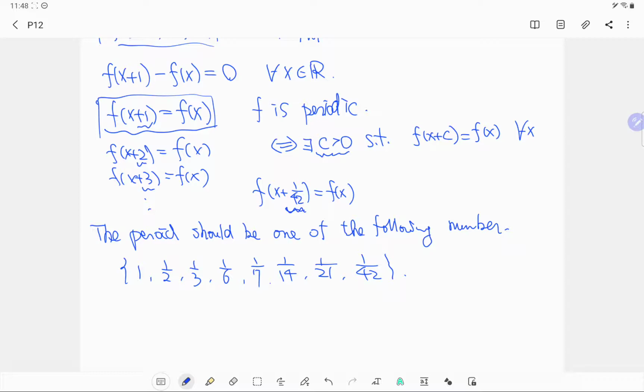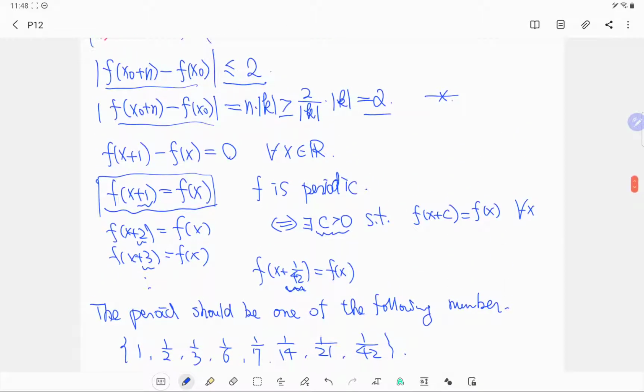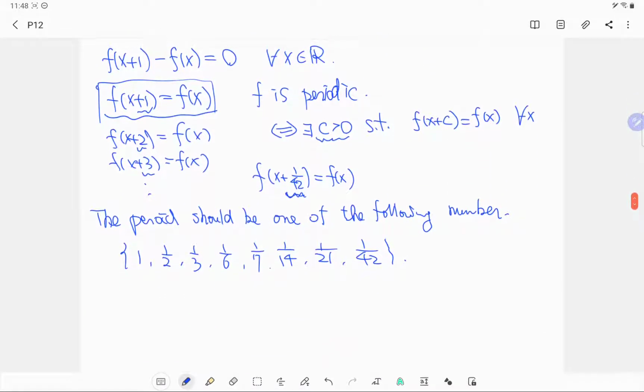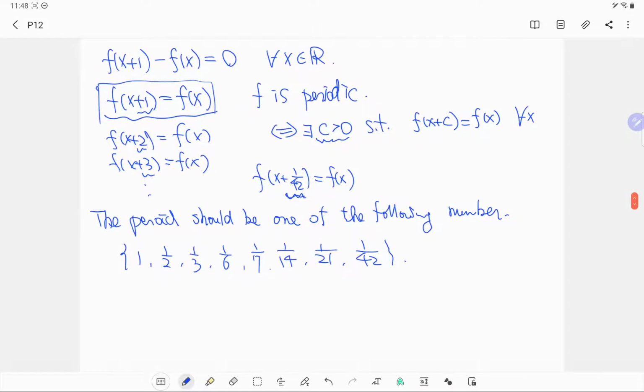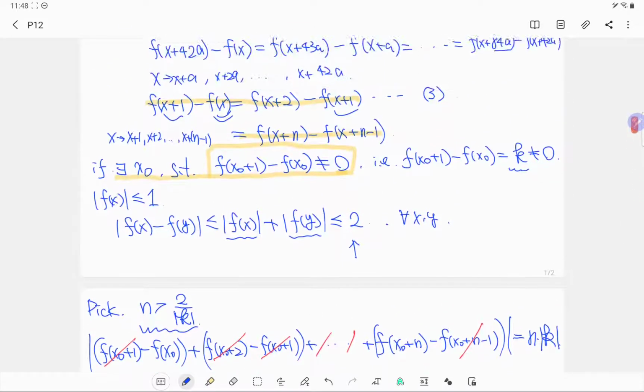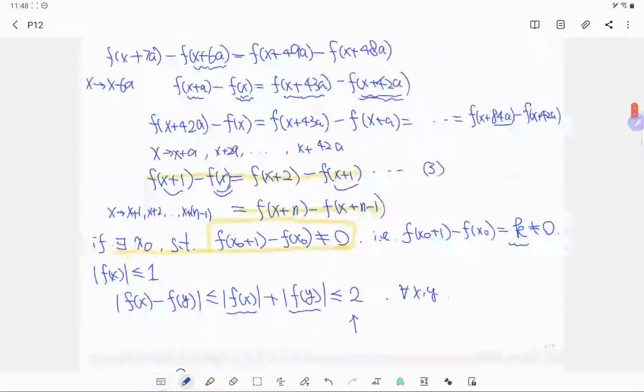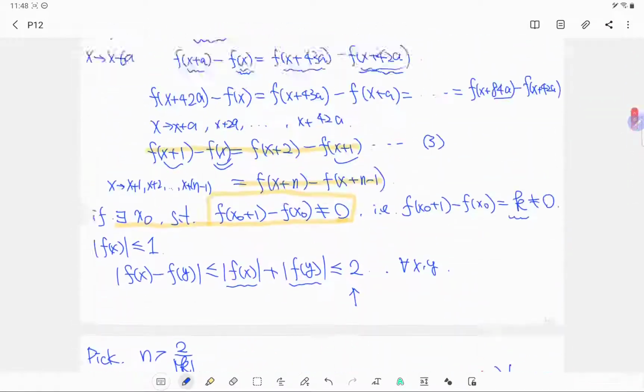Either of these should be the period of f, but we are not really sure unless you can construct it. And I think this is the end of this video.